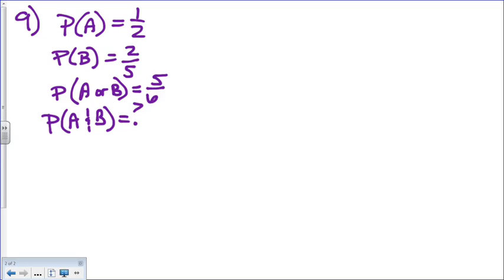And the formula that we need to use with this raw data, whenever we have OR involved, that means we need to add something. So we add A and B together.